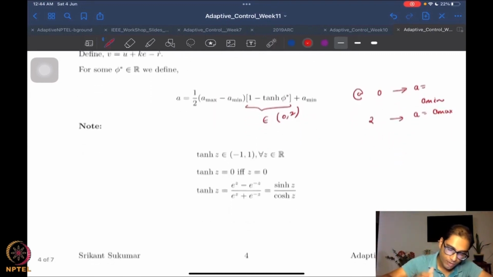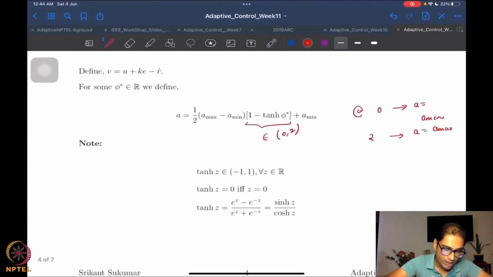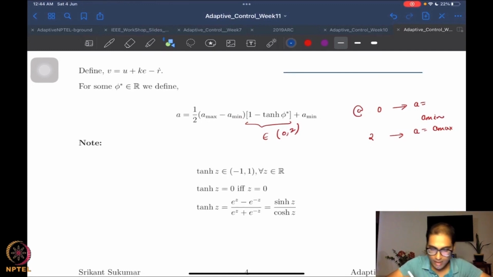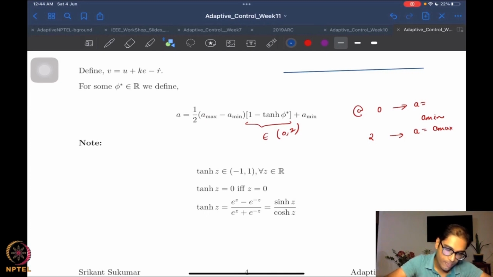If I make a picture, something like this, the phi star is ranging over all of real numbers.